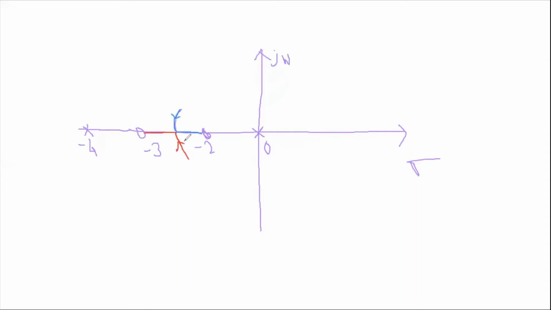Then the question is how they are coming. They obviously should come from a pole only, because a branch starts from a pole and ends at a zero. So keeping in mind the symmetry of the root locus, can we show a root locus something like this? Is it symmetrical about the real axis?